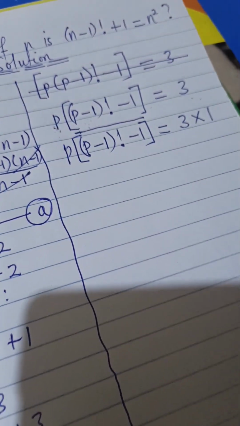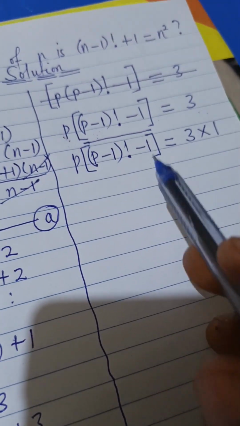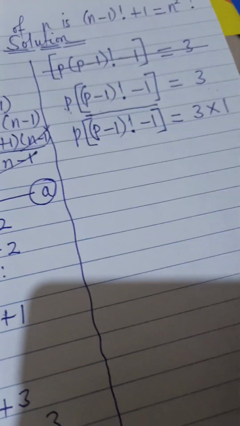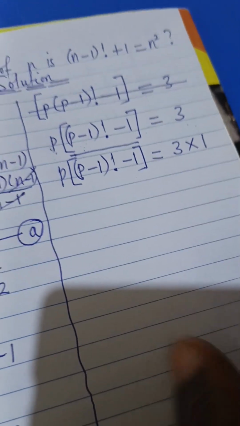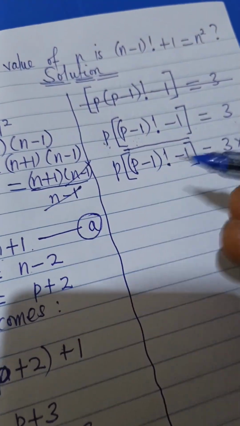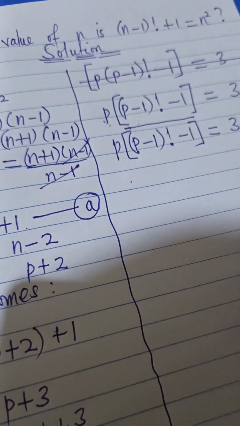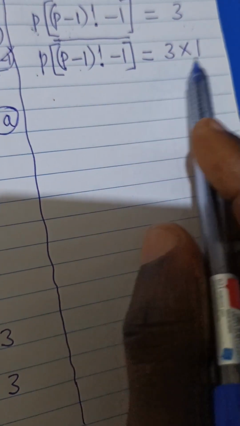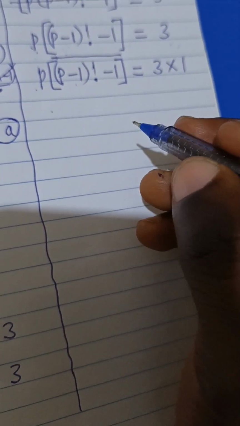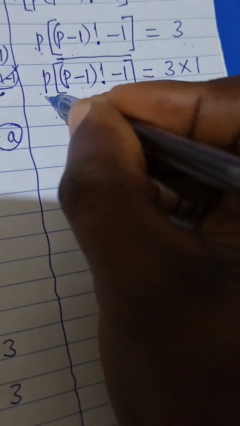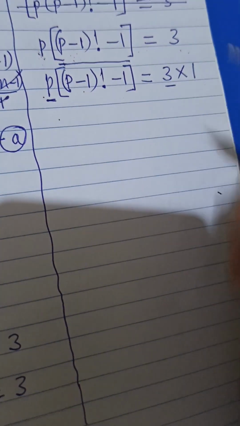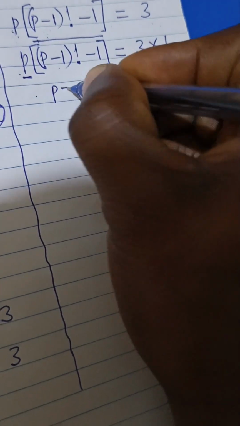The only possibility for the product of any two integers to be equal to 3 is 3 times 1. Good. So we are just comparing. If this times this is equal to this times this, what it means is that p can be said to be 3. P equals 3.